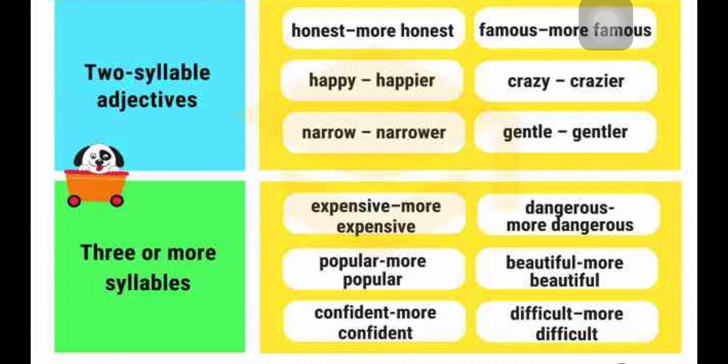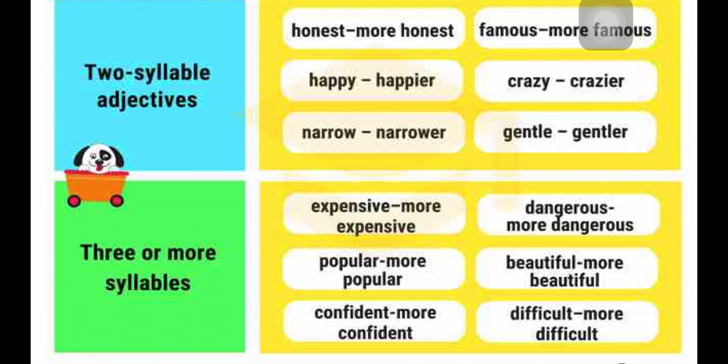So we have to change Y to I-E-R, become happier. Like the word crazy: two sounds or two syllables, right? We don't add more, but we add I-E-R. Just change Y to I-E-R.